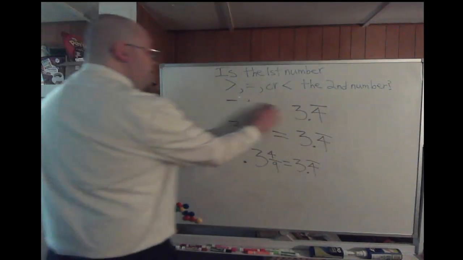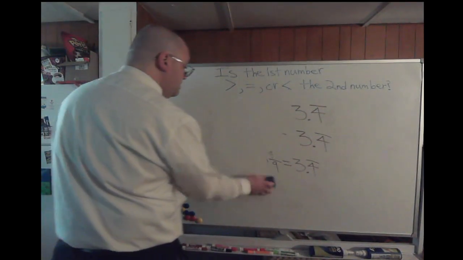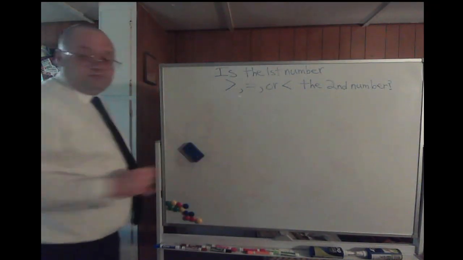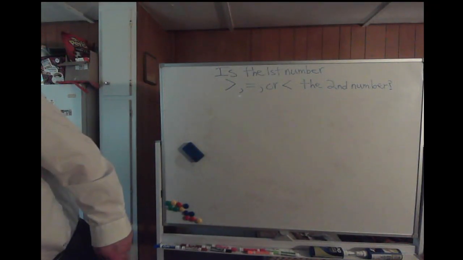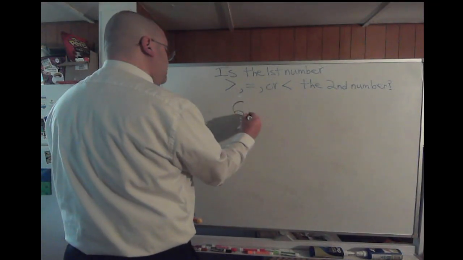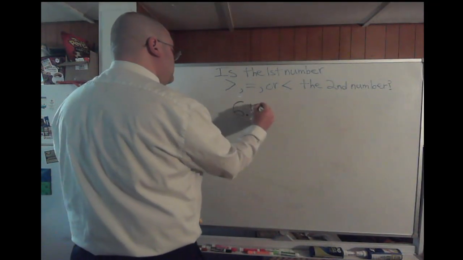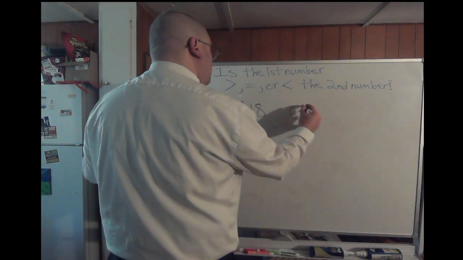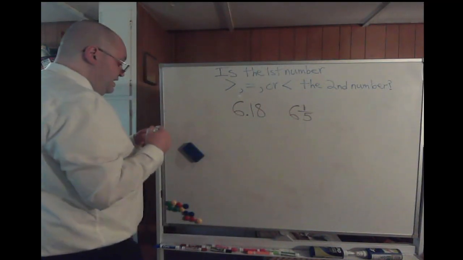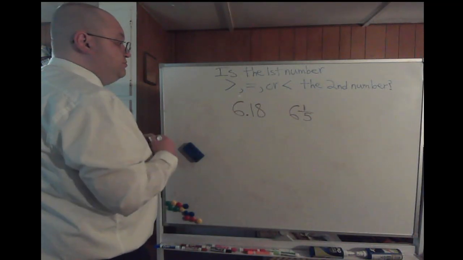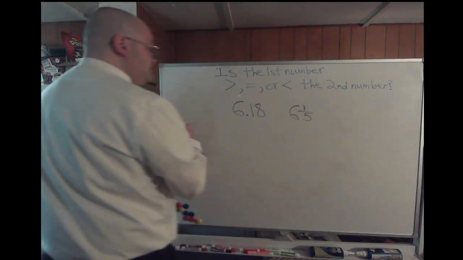And we got one more. So we have 6.18. Then we have 6 1/5. I would convert that 6 1/5 into a decimal.